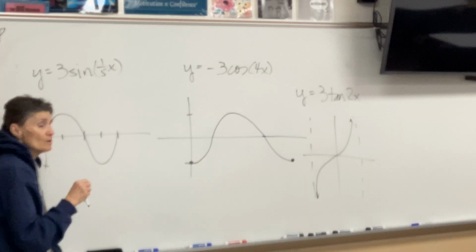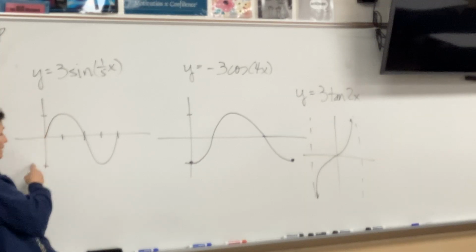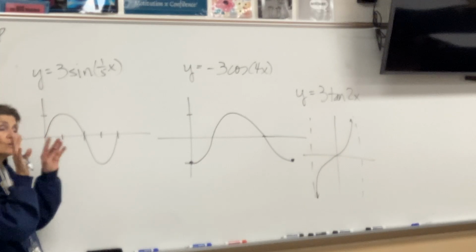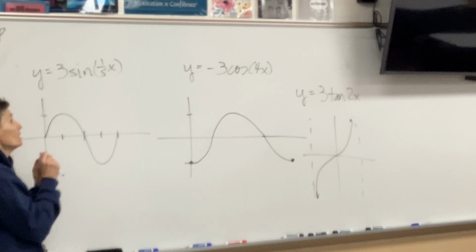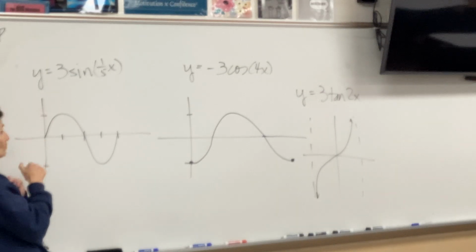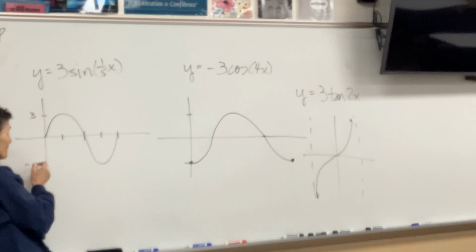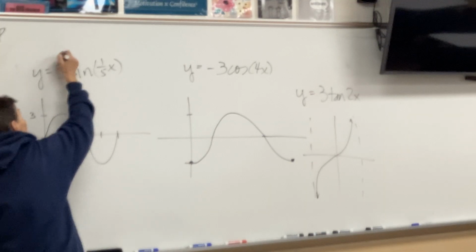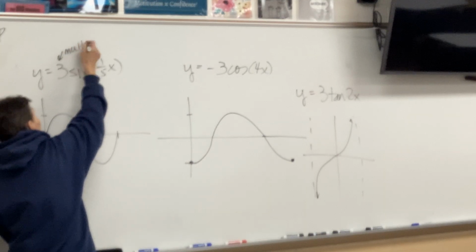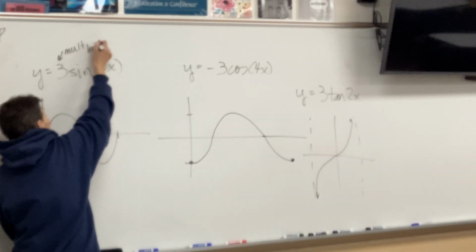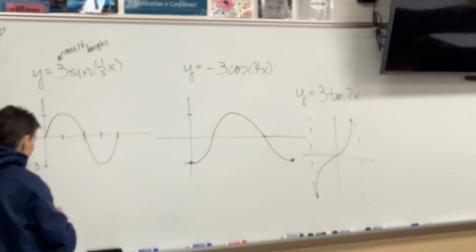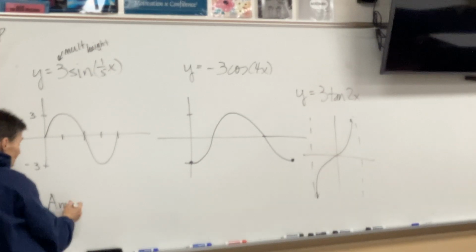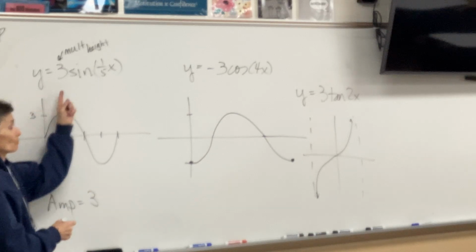We know that normally these labels are 1 and -1. Those are the normal sine labels. But because we've multiplied by 3, these are going to be 3 and -3, because remember, this number multiplies the height. Another word for height is amplitude. So our amplitude is 3.